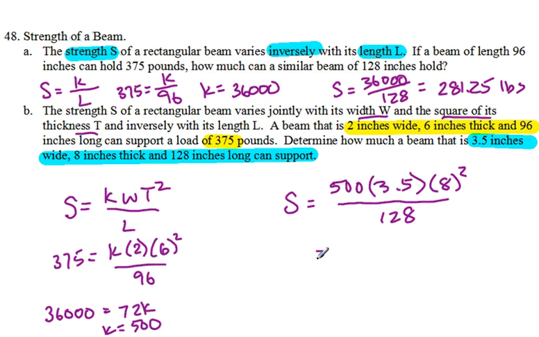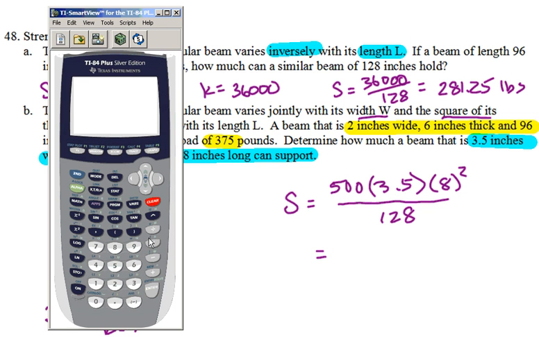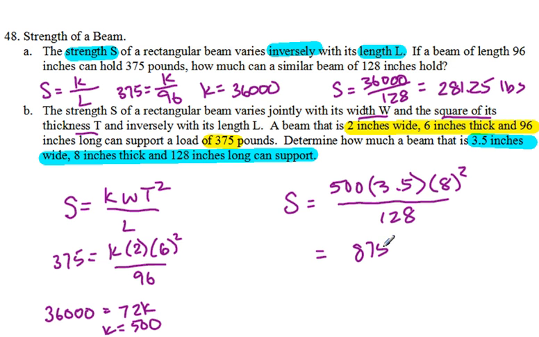And now it's just a matter of putting it all in our calculator. So I've got 500 times 3.5 times, 8 squared is 64, and then divide it by 128, and we get our answer of 875 pounds.